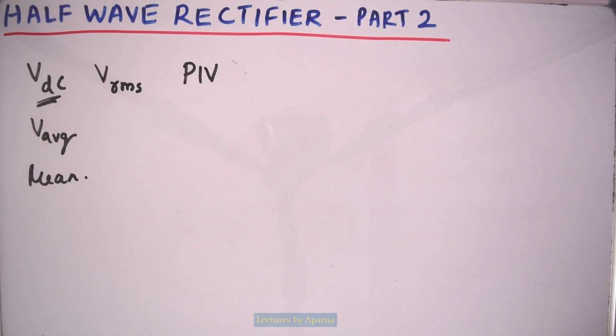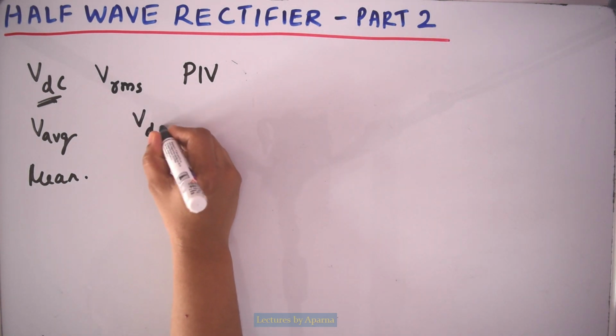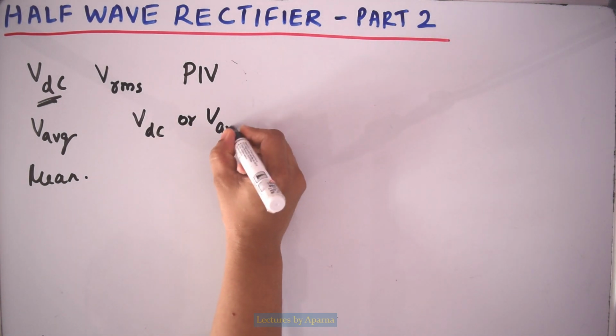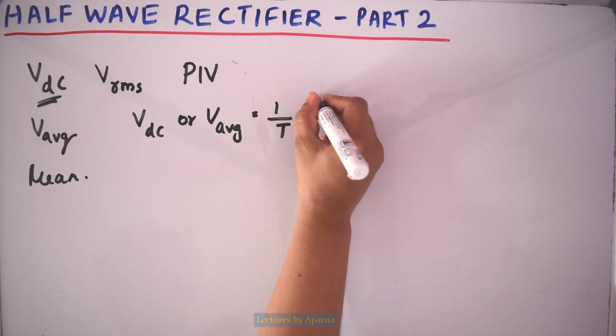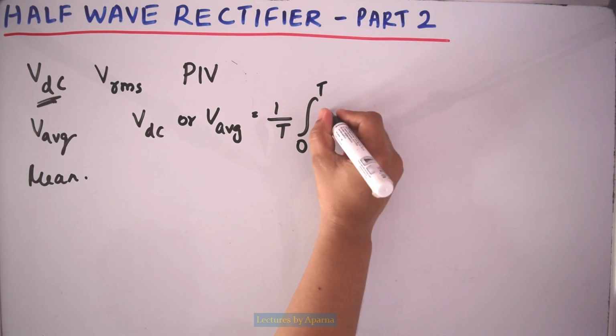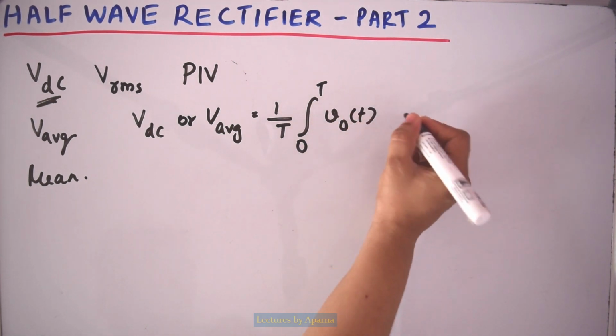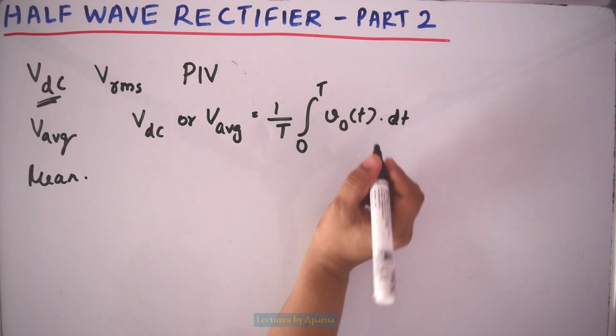VDC or V average is given by the equation 1 by T integral 0 to T V0 of T dt, where V0 of T is the output voltage.